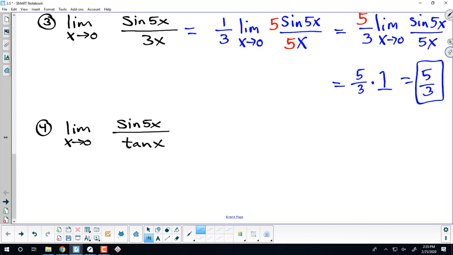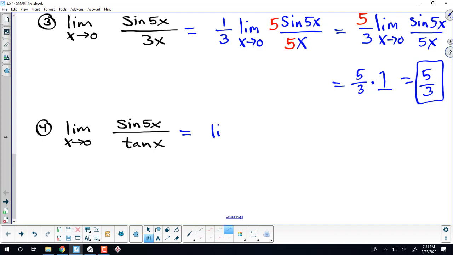And now we don't have a reasonable guess. We might guess that it's 5 based on what we've seen, but then that tangent kind of messes stuff up. So the context of what we're working with gives us a bit of a clue on what we need to happen.